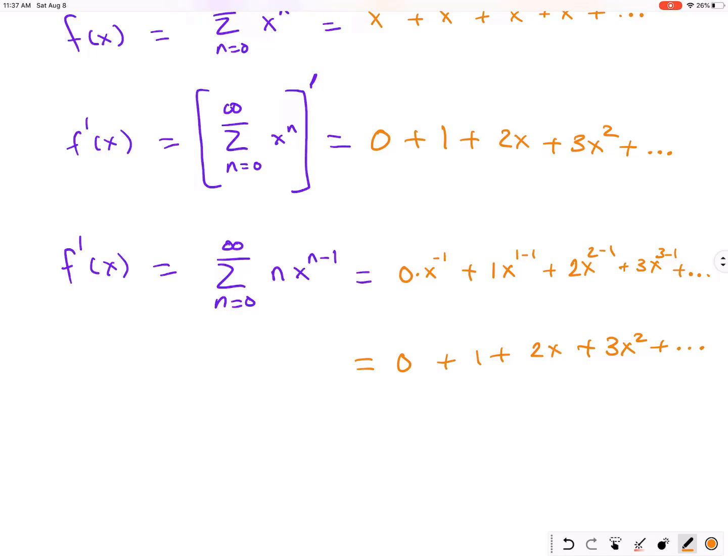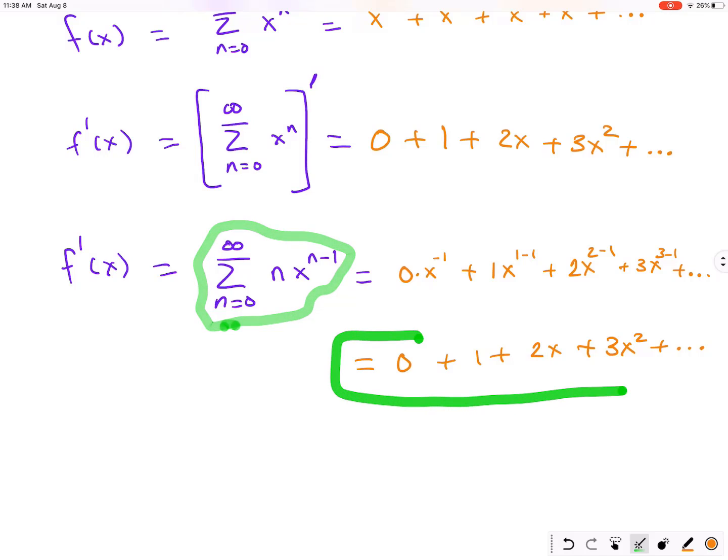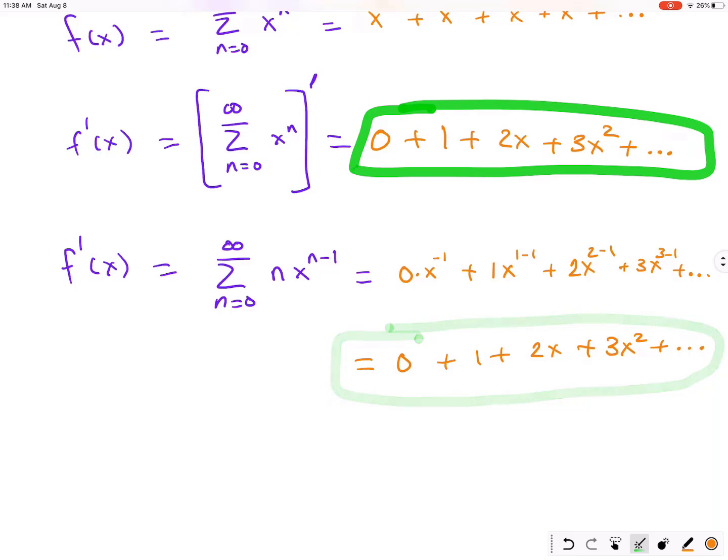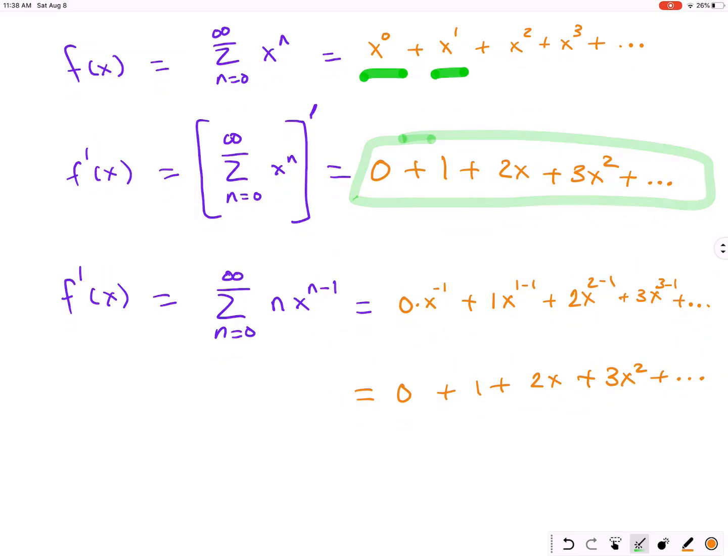And that'll go on forever. So we can see right away that indeed using this notation produces the same derivative as when I took the original and took the derivative of each term separately, right?